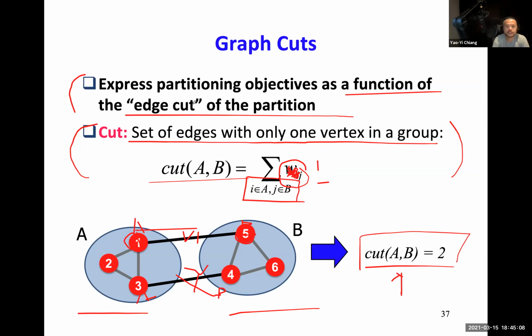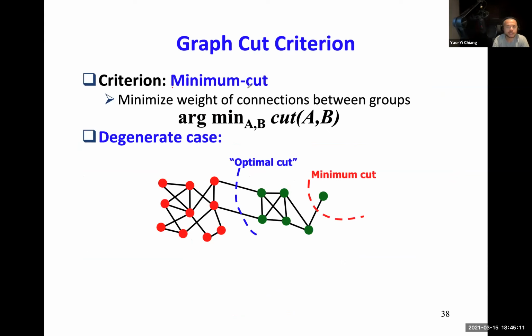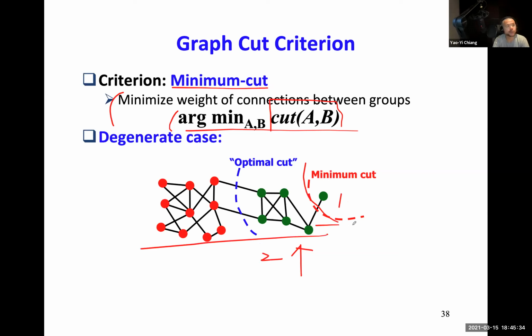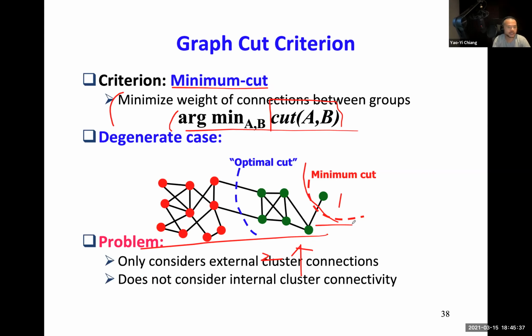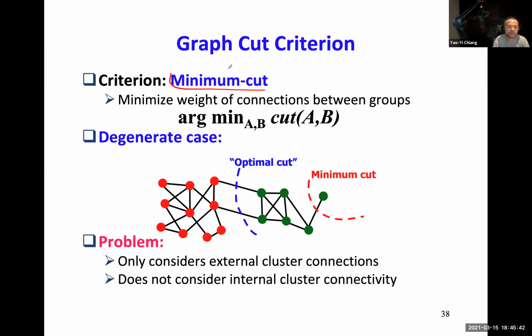In the graph cut criteria, as a minimum cut algorithm, this algorithm will minimize the weight of the connections between groups. So its goal is to minimize this cut function, and it will generate some partitions that we do not want, like cut here, right? Cut here, community, community, and we do not want this. The problem is that the minimum cut algorithm only considers external cluster connections.